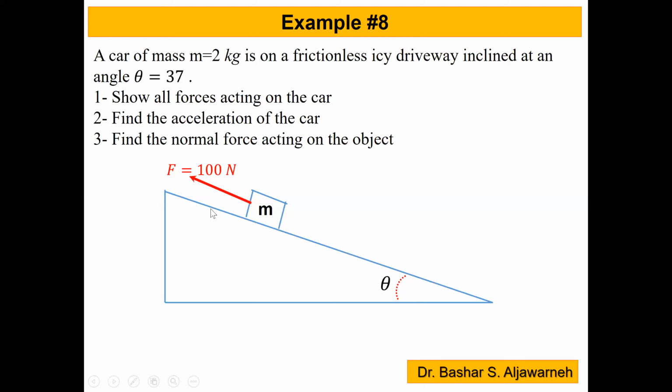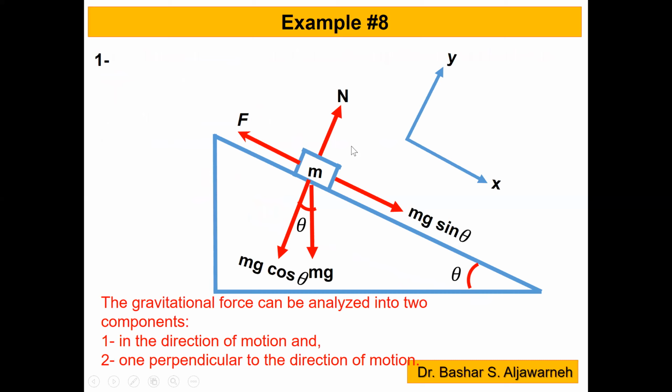From the previous examples, we saw that the normal force here is perpendicular to this surface, but the weight has an angle. As you can see here, I have the normal force, the acting force, and the weight.